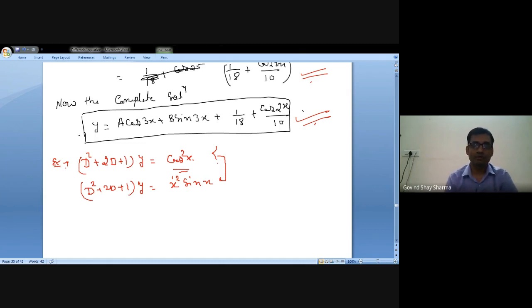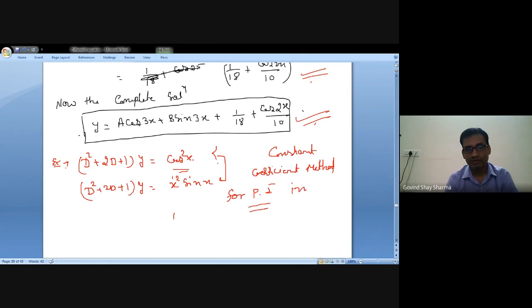So today we have completed the constant coefficient method for PI in linear differential equations of higher order.